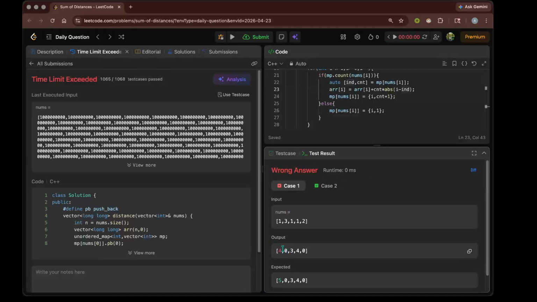Okay. For this, it would be like found, 0 plus, found last index at 2. 2 minus 0 is 2 multiplied with its count with number 2. It is 4, but it should be 5.